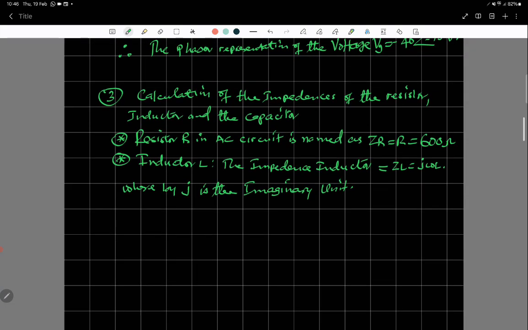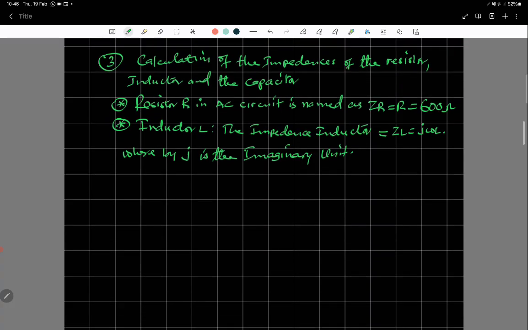It is because of that, in order to make a good mathematical presentation, it will be represented as an imaginary number, right?